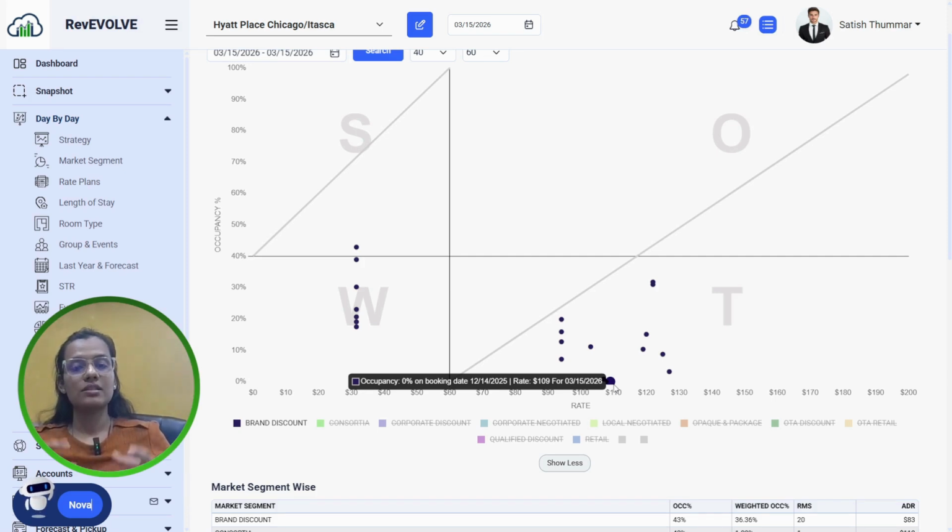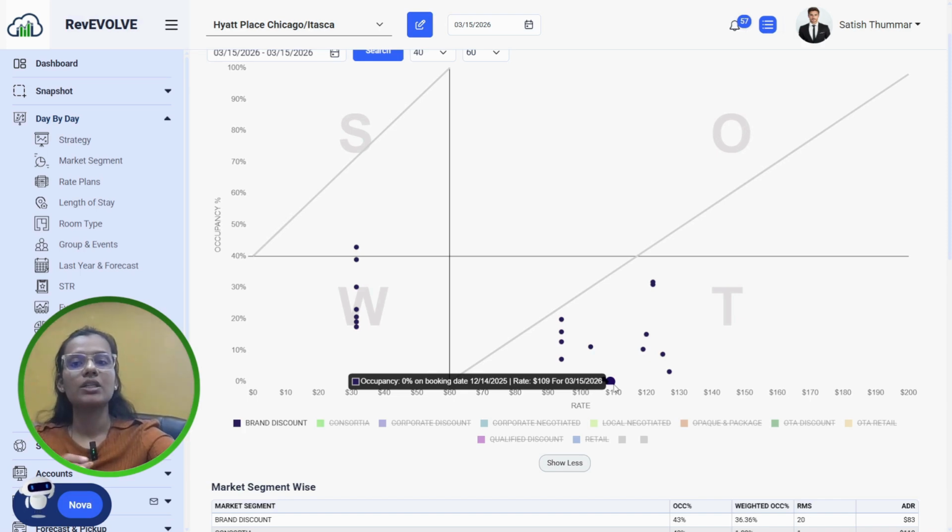When we break this down by segment, the picture gets even clearer. Because if we can't break it down by market segment, then all the confusion happens about which data point tells which information. That's why SWOT analysis by market segment is much more important for any revenue manager making decisions.